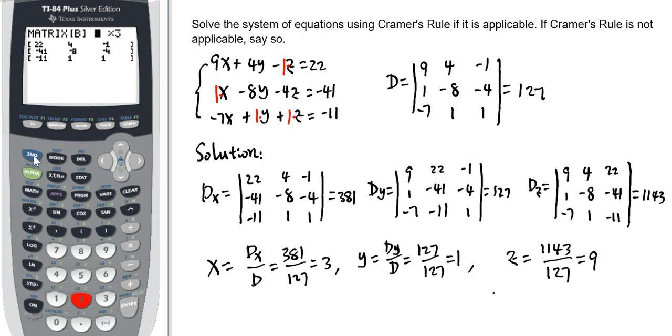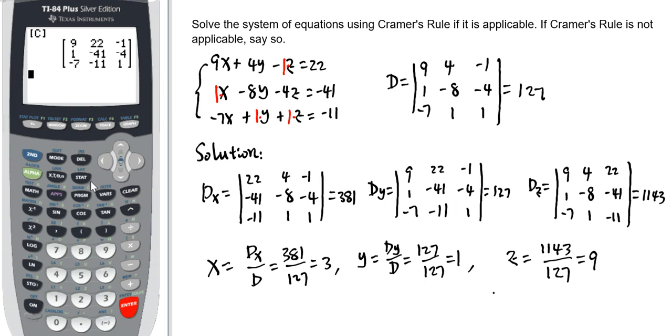Also you can get out and do second matrix to check if you have the matrix input correctly. So you may hit 3 and hit enter. You see that's my third matrix, which is input correctly.